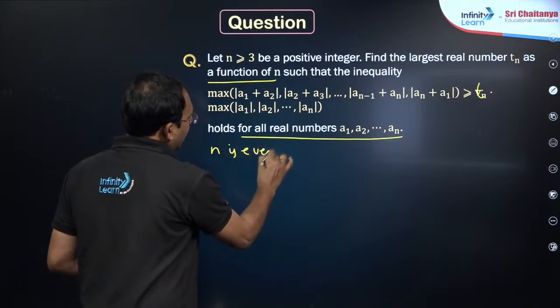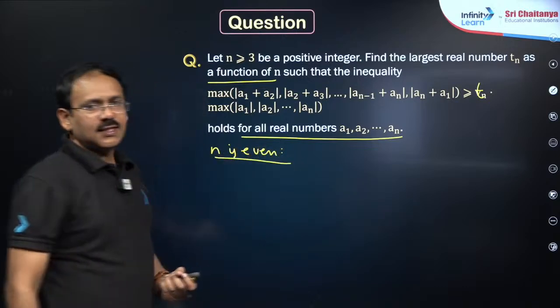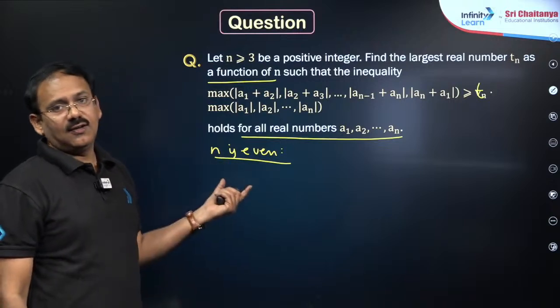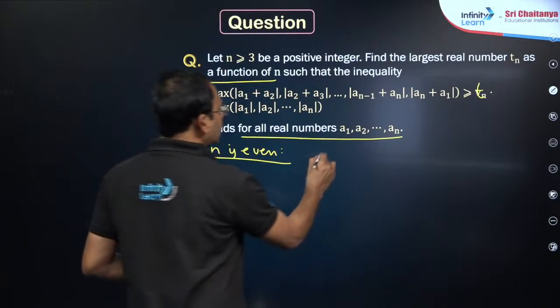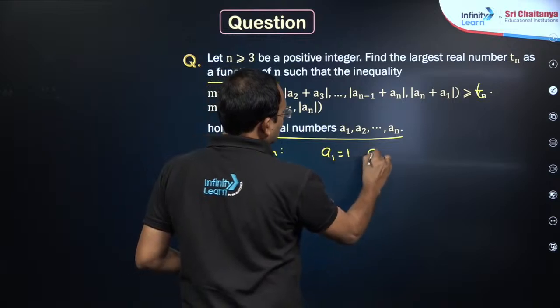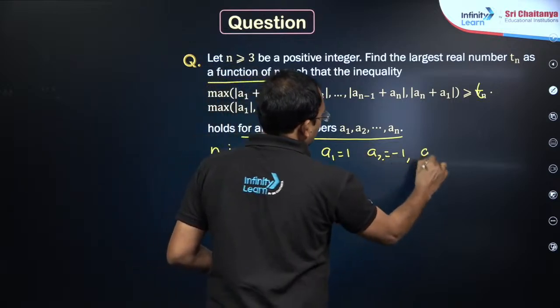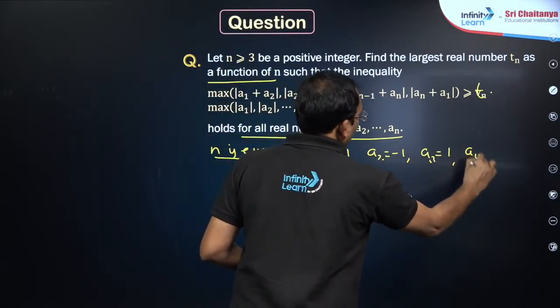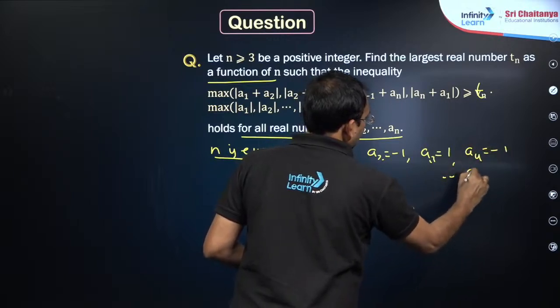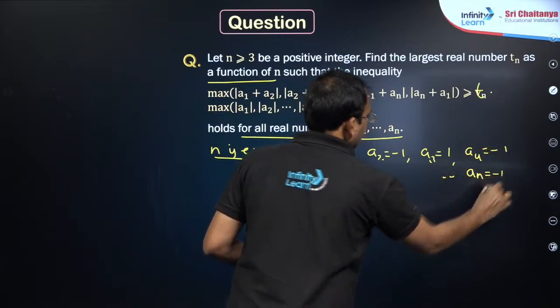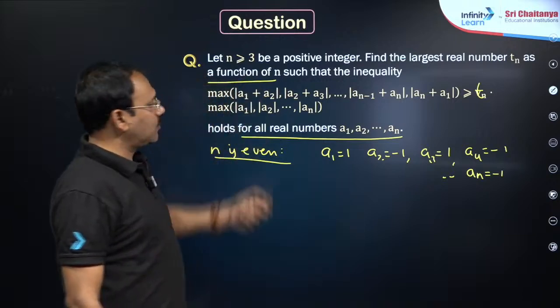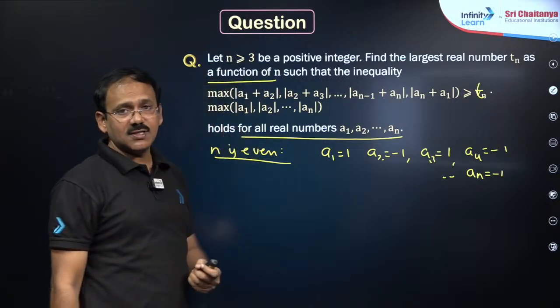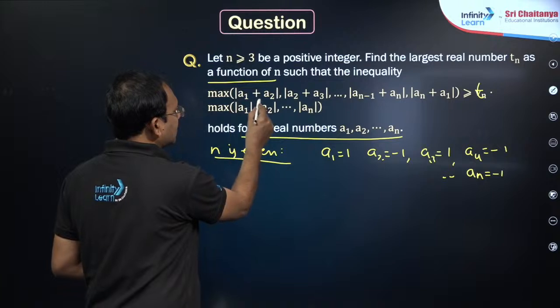If n is even, my dear friends, since it is true for all a1, a2, an, let me choose a1 is 1, a2 is minus 1, a3 is 1, a4 is minus 1, and in that way an is minus 1. Substitute in this, because our numbers must satisfy this inequality. You will get a1 plus a2 will be 0.